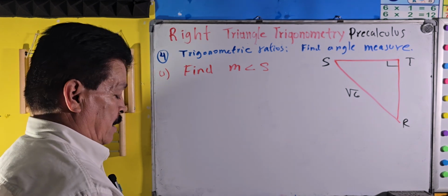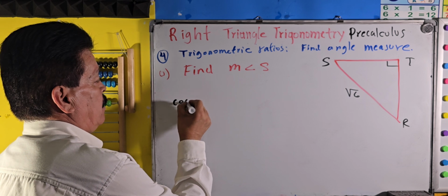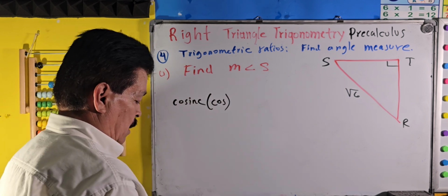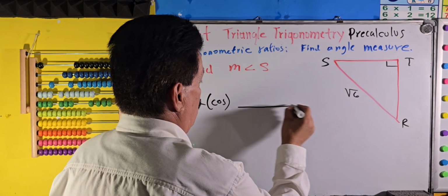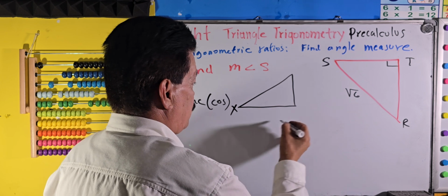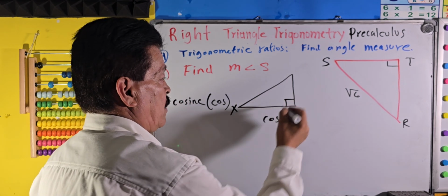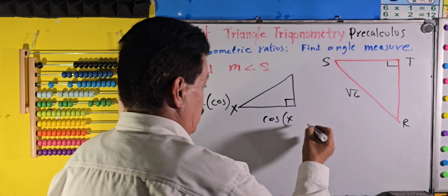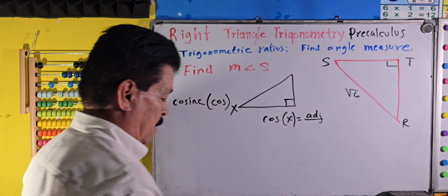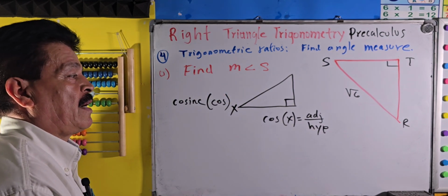Yeah, that's it. So here, let me give you the definition of cosine. If you have this right triangle with angle x, the definition is cosine of x equals adjacent to x divided by hypotenuse.